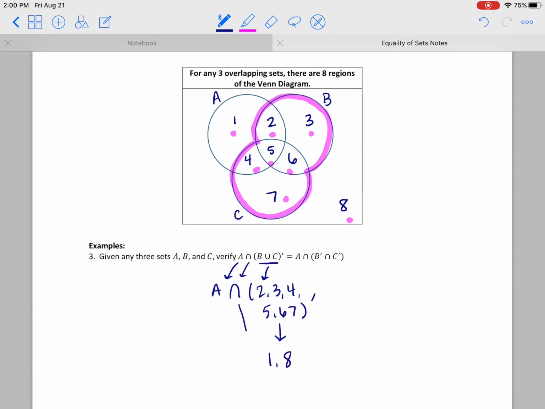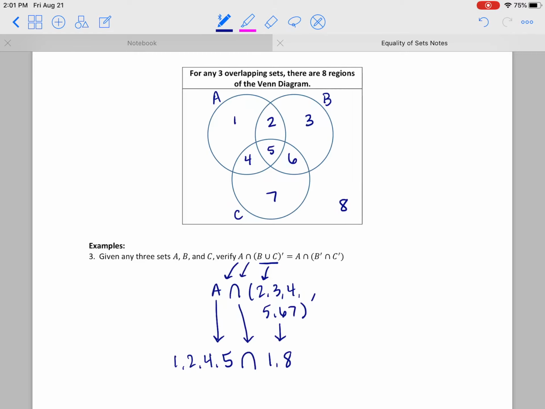Now I still have to find the intersection of those regions with A. What do we have going on in A? A includes these regions here: 1, 2, 4, and 5.